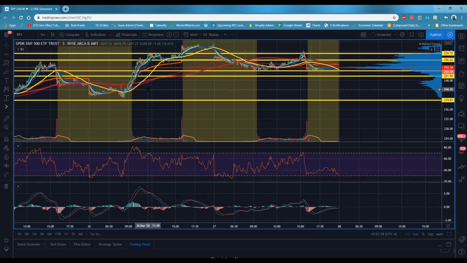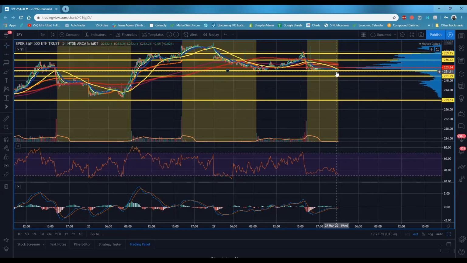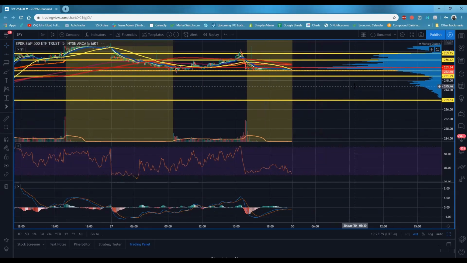Yeah. So we're roughly here. So we're at the top of the range right here. And this is where price is rejecting right now, which we see that it rejected before. So this is strong support and resistance. So if we see it pop up above here, it could be a nice breakout. We probably will fill the gap, honestly. Yeah. So we'll see what happens.